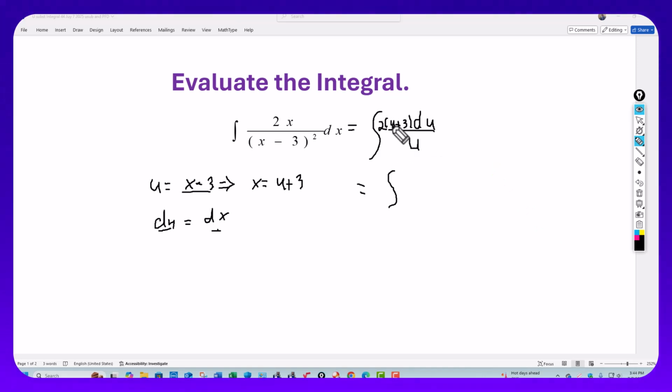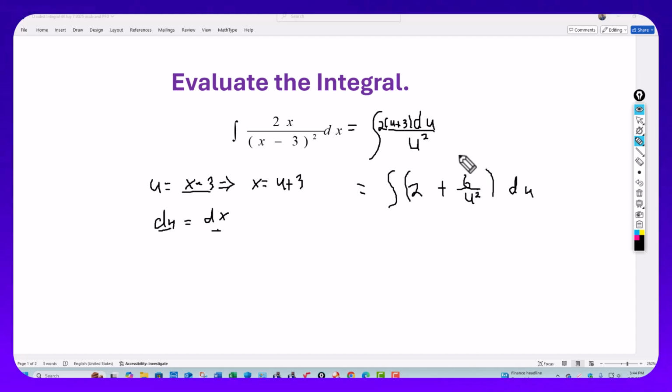And then I'll multiply through by the 2 here, and then divide by the u. So it'd be 2u here, and that's over u, so the u would cancel, so this will leave me with a 2. And then 2 times 3 is 6, and that's over the u. And this, of course, was a u squared, x minus 3 squared. So again, 2 times 3 is 6, that's over u squared. And this is du.